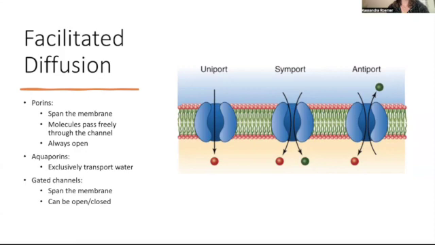And then lastly, we have gated channels. Those also span the entire membrane, but they are open or closed depending on different circumstances. So we have voltage-gated channels, which open based on the voltage. If you think about the membrane potential, if we want to transport potassium or sodium ions in or out of the cell, we need to have a gated channel.